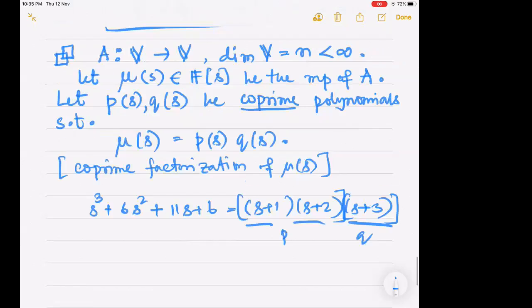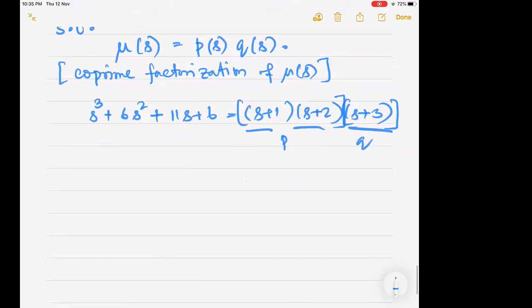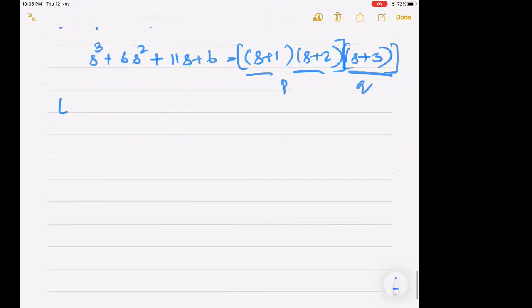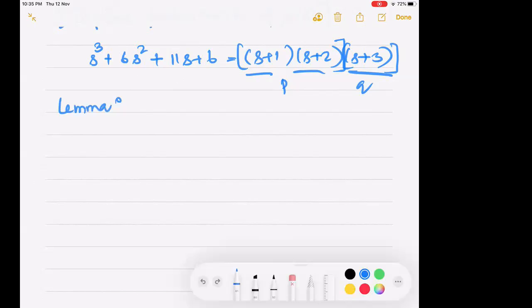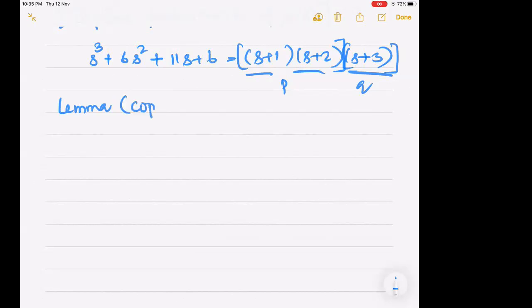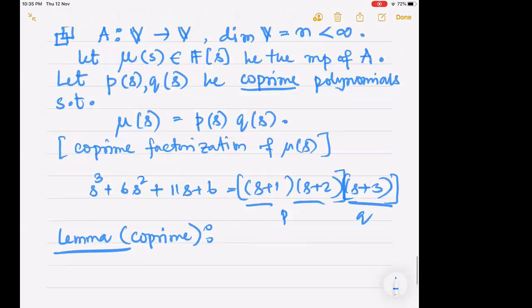Then the lemma says the following. We're going to give this lemma a name. What should we call it? Say, the co-prime lemma. What does the co-prime lemma say?